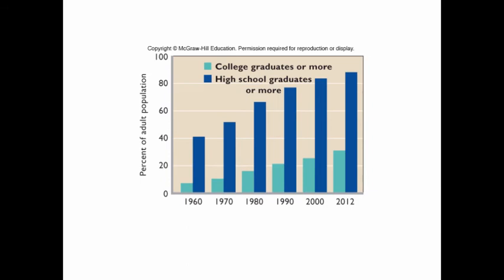Whereas in the latest data, 2012, you've got roughly 30%, so 3 times as many people with a college degree or more, and almost 90% with a high school degree or better. So large improvements in terms of human capital. Again, this is helping to increase productivity.